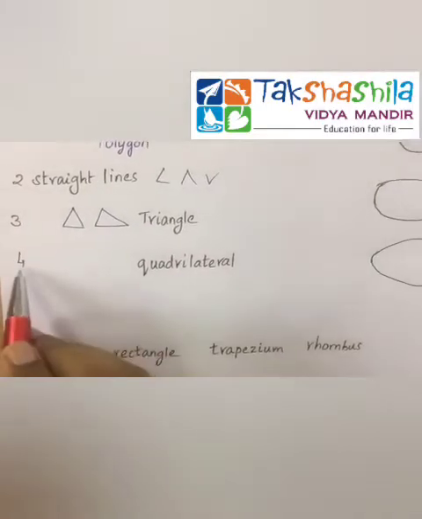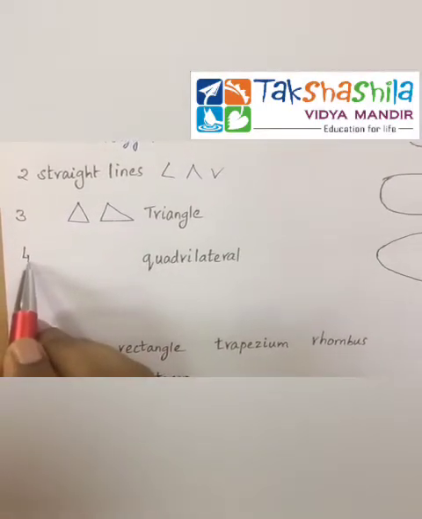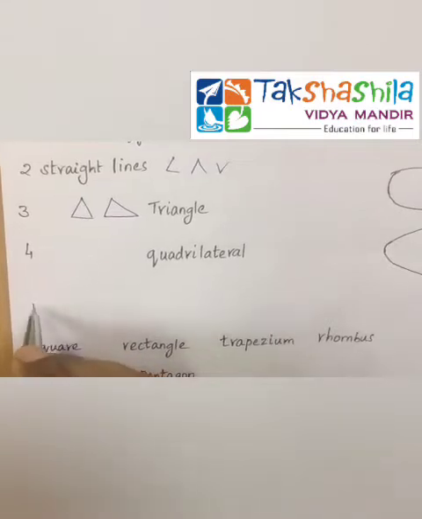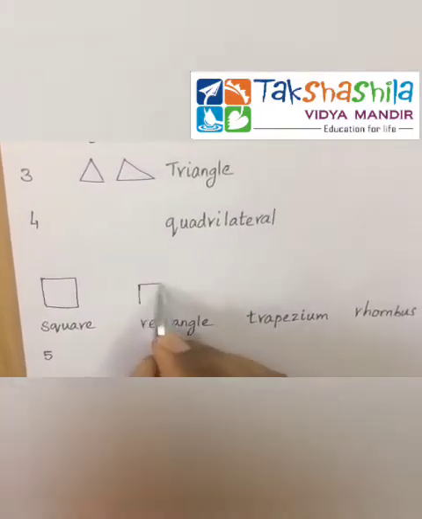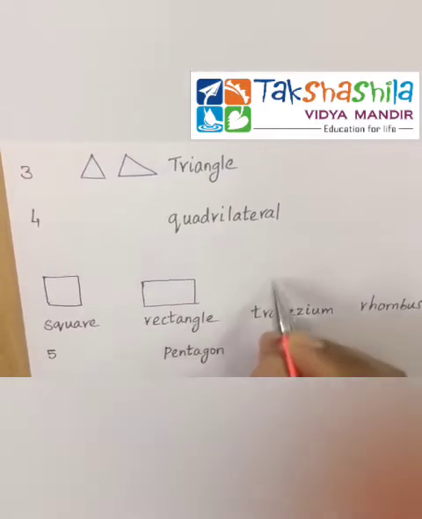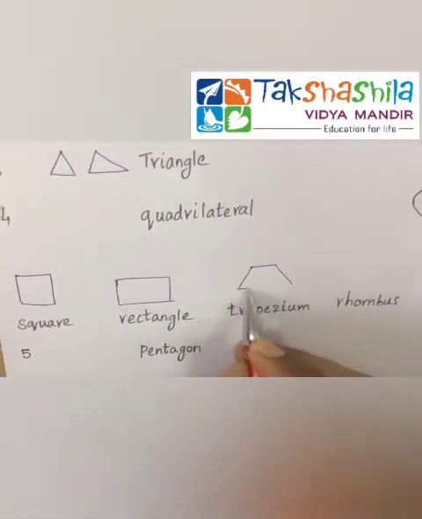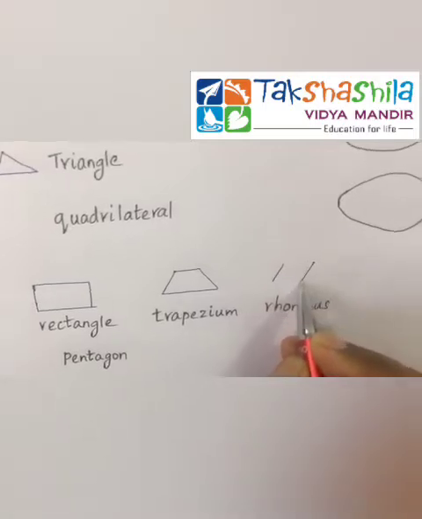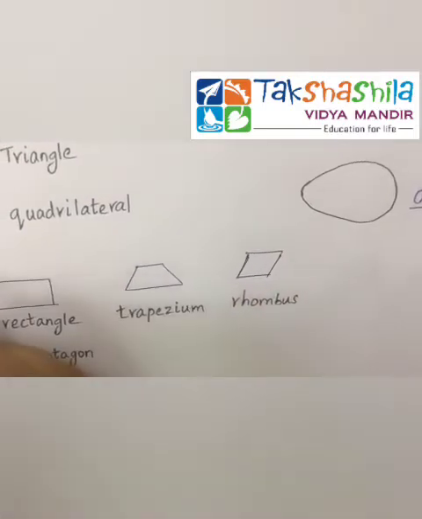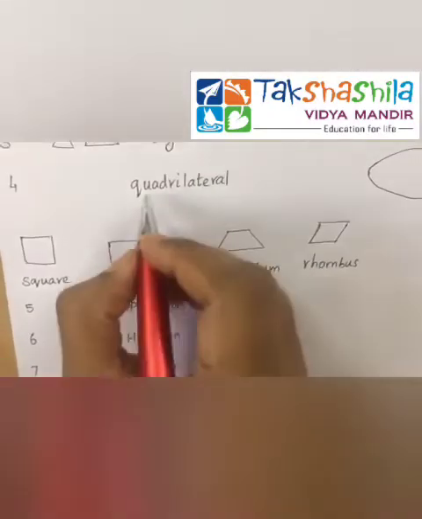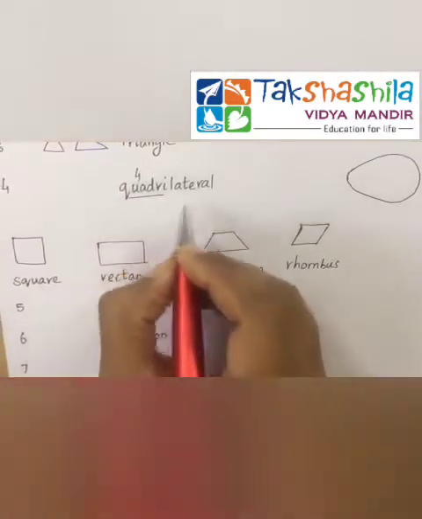You have drawn many shapes with four straight lines. You have drawn square, rectangle, trapezium, rhombus, and it goes on. So what is quadrilateral? Quadri is four.